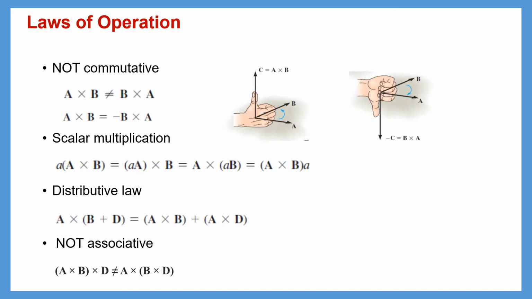You should also know the laws of operation for cross product. Cross product is not commutative. It means A cross B is not equal to B cross A. Okay, here A cross B will generate vector C in positive Z axis.